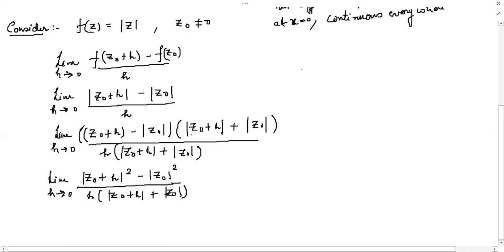You know that mod z square can be written as z into z bar. So I'm writing it here.